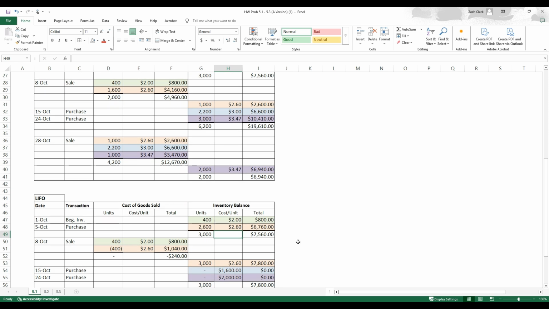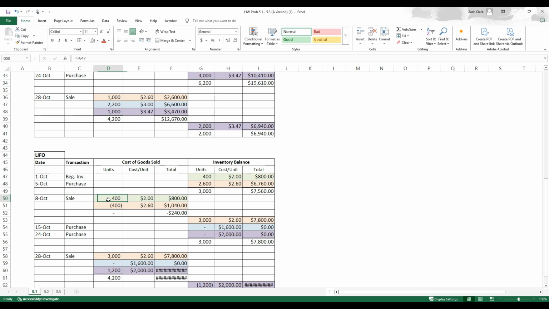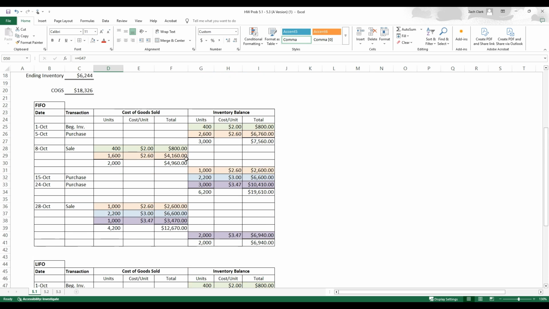Really, the LIFO difference comes into play once we start having our sales transactions. There might be some changes we need depending on how things go. So we had 2,600 units. Yeah, because I can already see that we're going to be able to accomplish our full sale on October 8th just using that first layer.